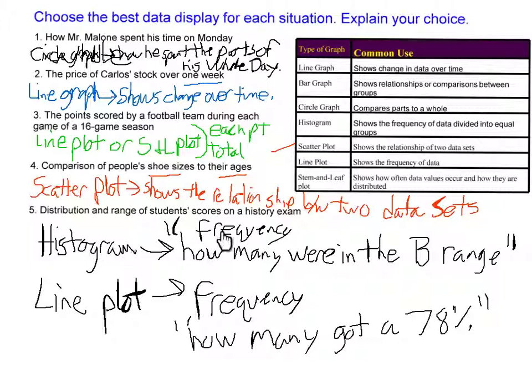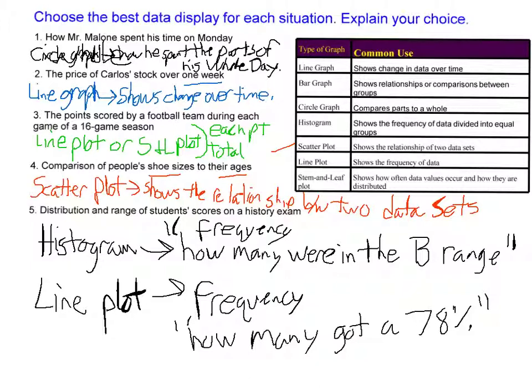So like I said, histogram would show us the frequency, like how many were in the B range on that test or exam, and then line plot too, frequency. Like you could say, well, I could see how many kids actually got a 78% because there'd be maybe 5 X's at the 78%.